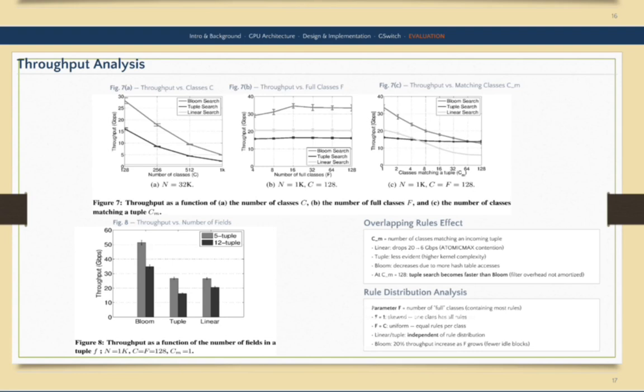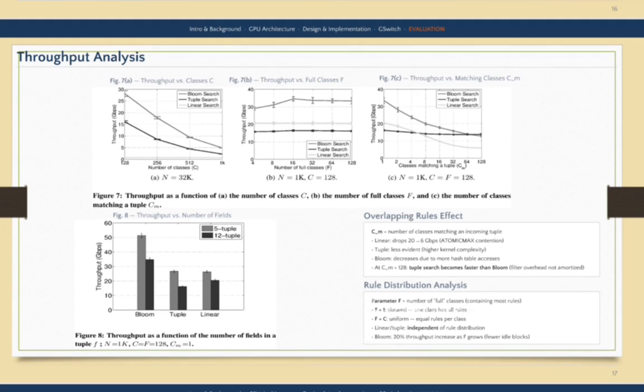The experiments also show that throughput is affected by the number of matched classes and the size of packet headers. Similar packet headers require less processing and therefore achieve higher throughput. Overall, Bloom search provides the best scalability and performance across different network scenarios.